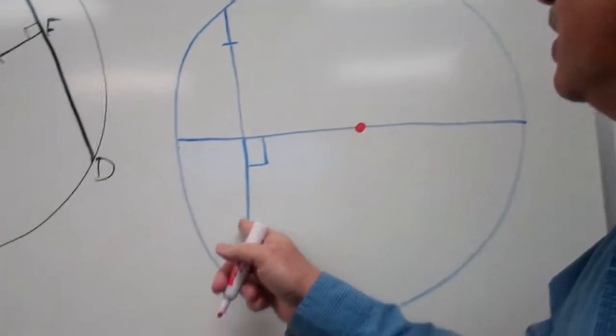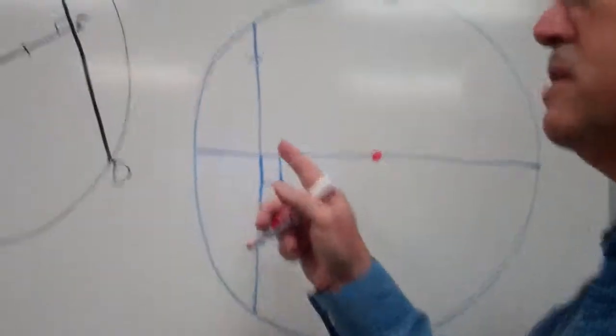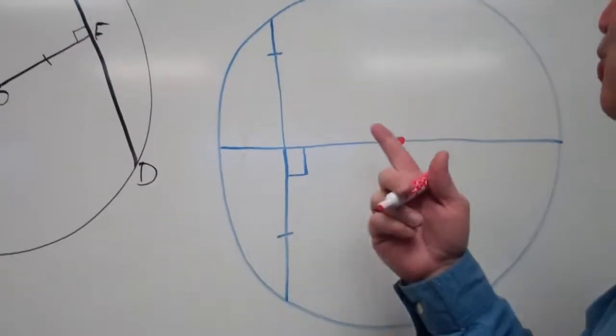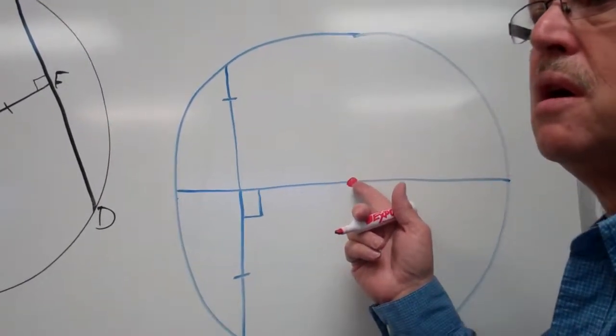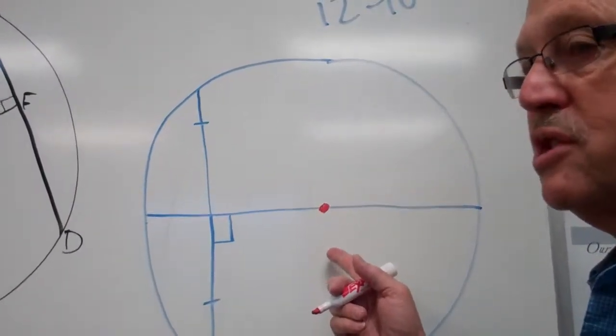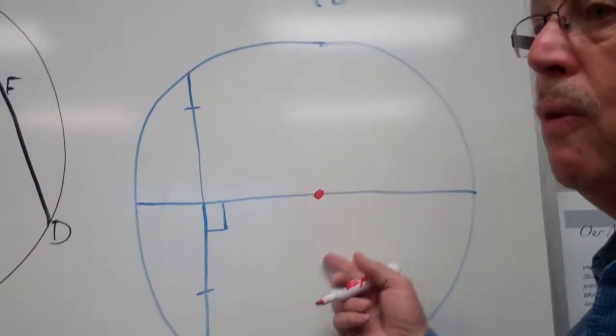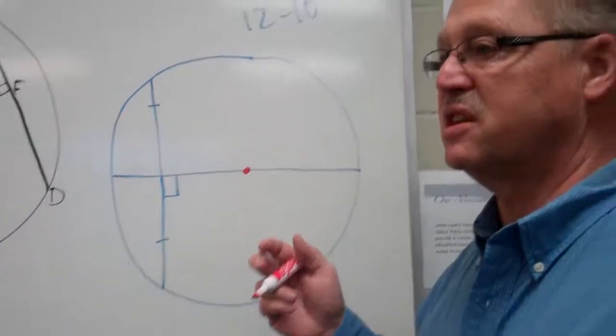If you have this and this, then you may now assume that. This one's going to be useful in a construction we're going to do later today, where we figure out how to find the missing center of a circle.